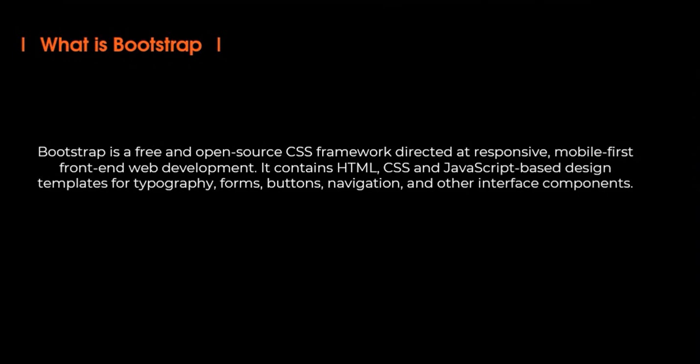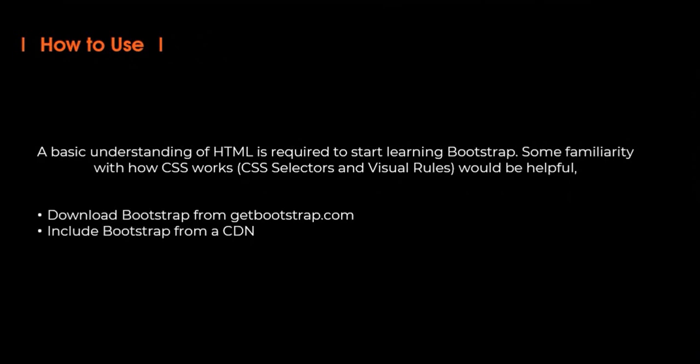How to use Bootstrap? There are three ways of using Bootstrap in our applications. The first one is downloading Bootstrap from getbootstrap.com, where we can find the documentation and all. The second one is including Bootstrap from CDN.